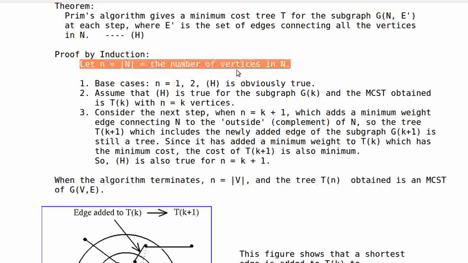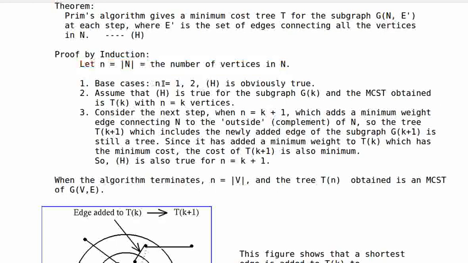Let n equal the number of vertices in N. 1. Base cases, n equals 1, 2, H is obviously true. 2. Assume that H is true for the subgraph Gk with n equals k vertices.